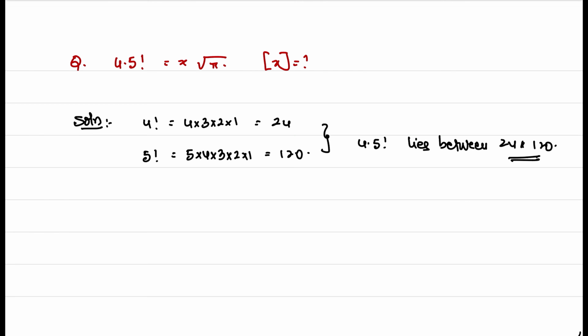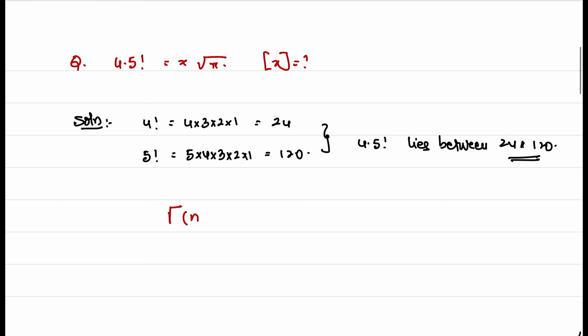There is no direct formula to find out the factorial of any real number. Here, to find it, we have to define a function called gamma function. A gamma function is denoted like this. It is the definition. Please remember this.